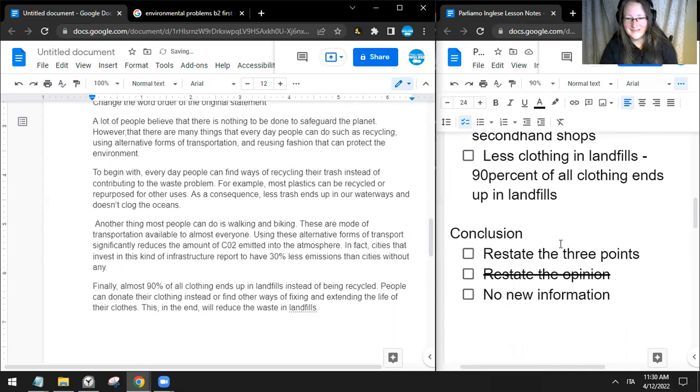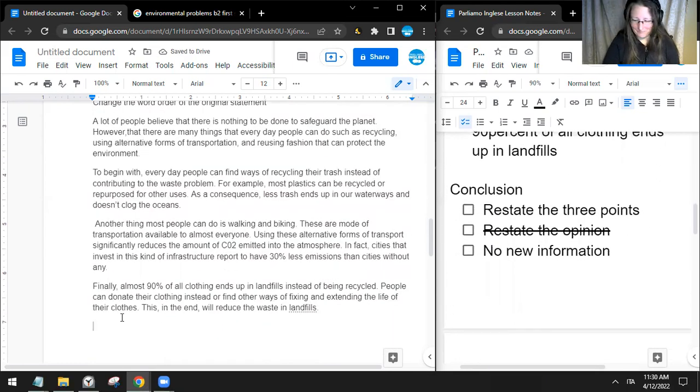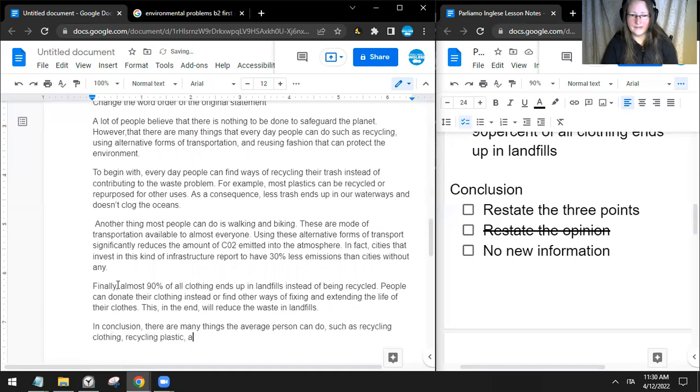Okay, so our conclusion. In conclusion, there are many things the average person can do, such as recycling clothing, recycling plastic, and walking and biking to reduce their environmental footprint.